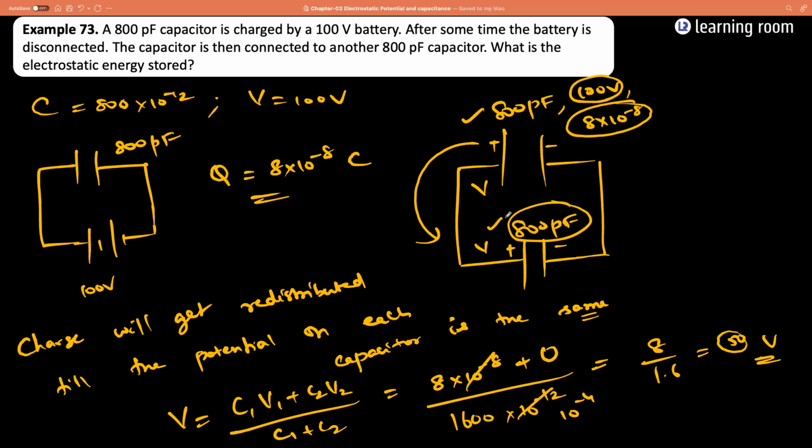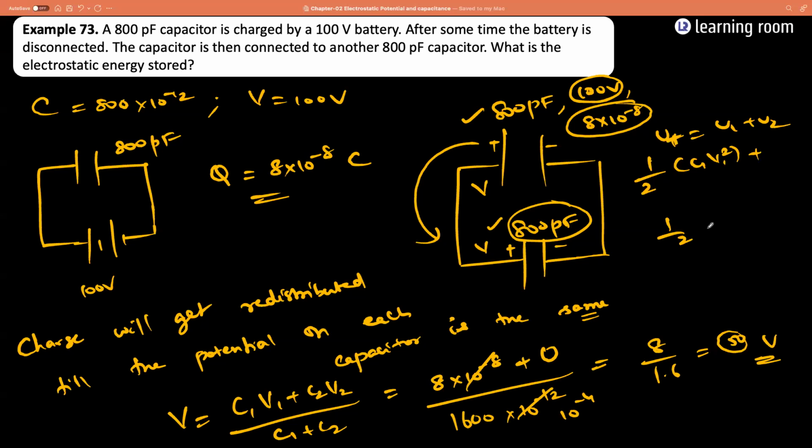Now, what is the electrostatic energy that is stored? So energy on the first capacitor is how much? Half C1 V1 square. I'll write U total is equal to U1 plus U2.